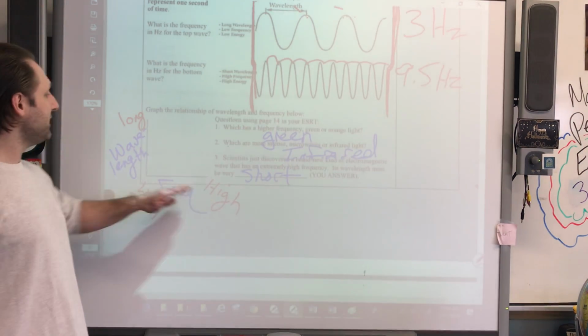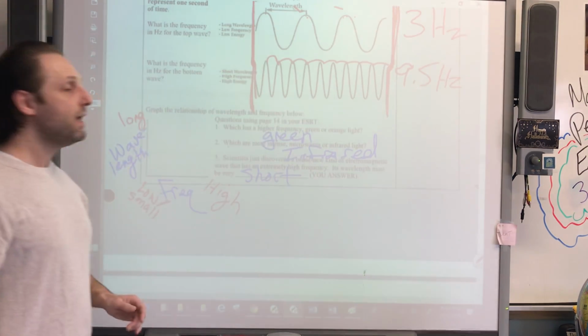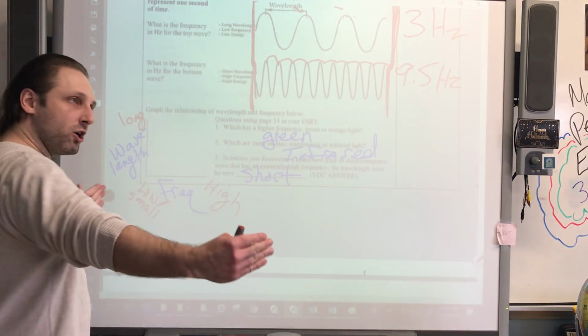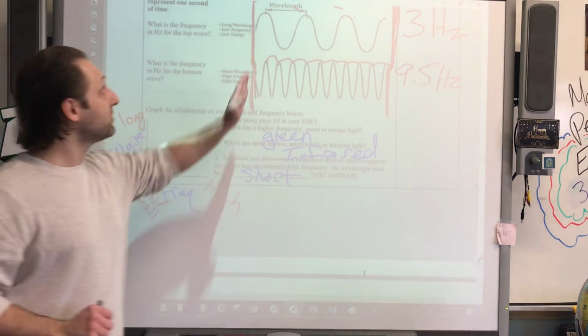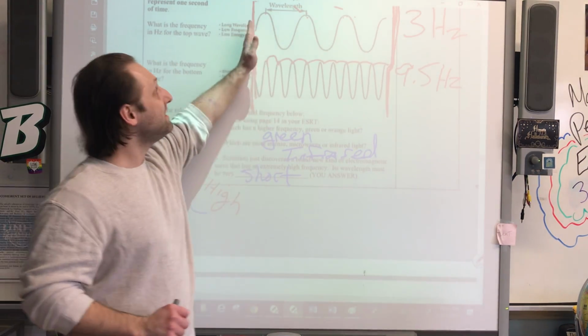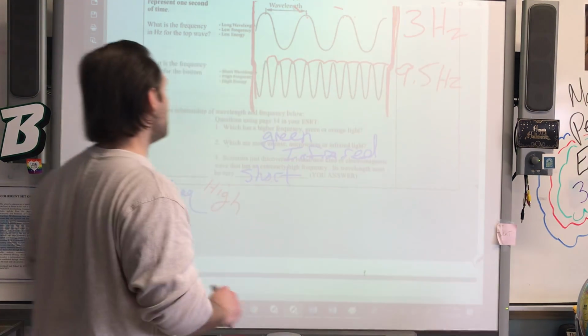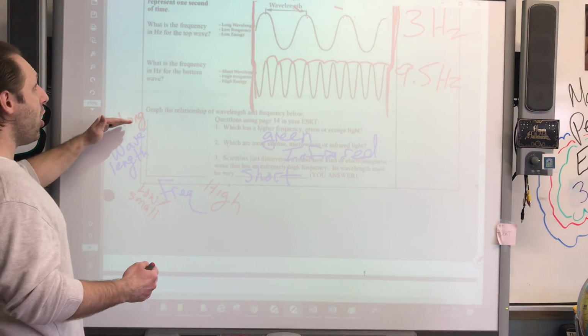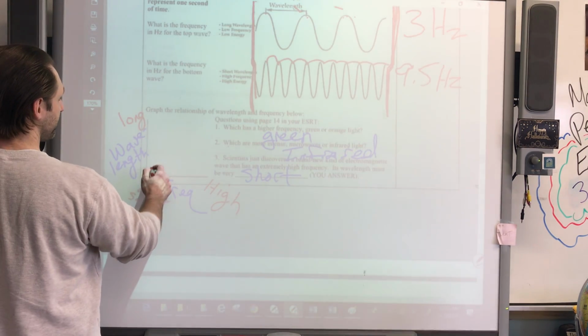So if we're thinking about wavelengths, like what we had here in this diagram, if we have a longer wavelength, you're going to have a lower frequency because there's more space and it takes a lot more time to get more energy passed. So a long wavelength will be a low frequency.